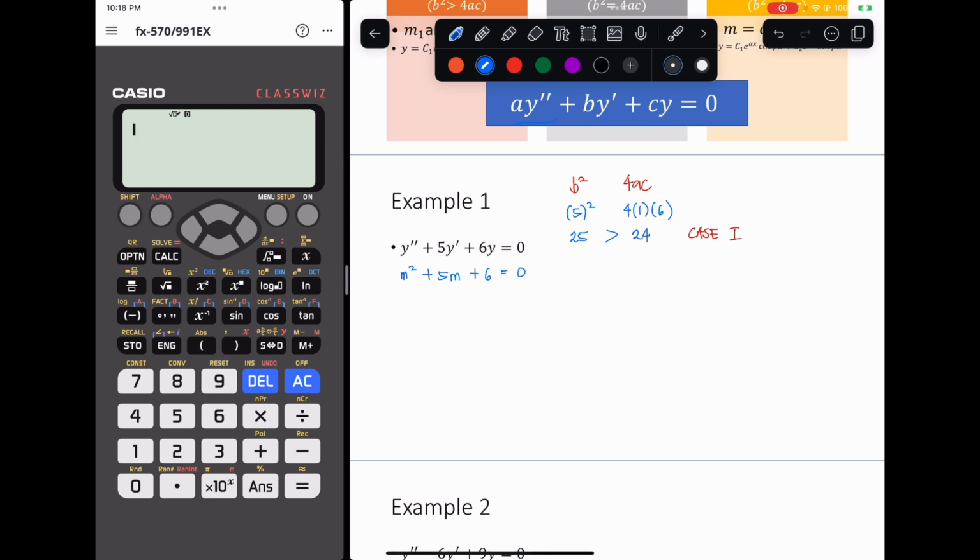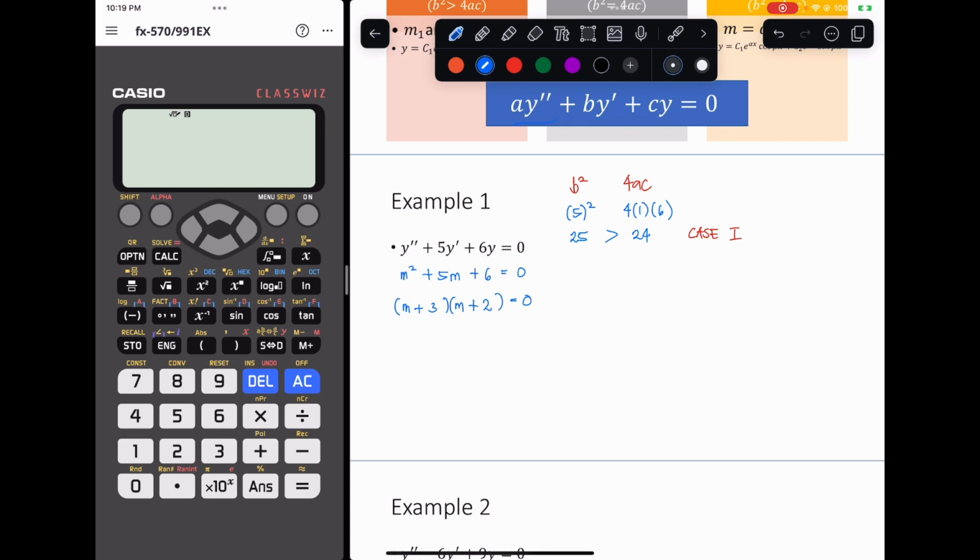And then we can find the roots of this by factoring. So we can factor it out. That would be m and m. The factors of 6 that will yield 5m are 3 and 2, so positive and positive.